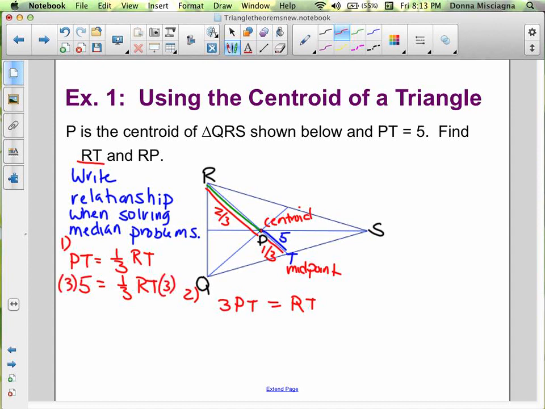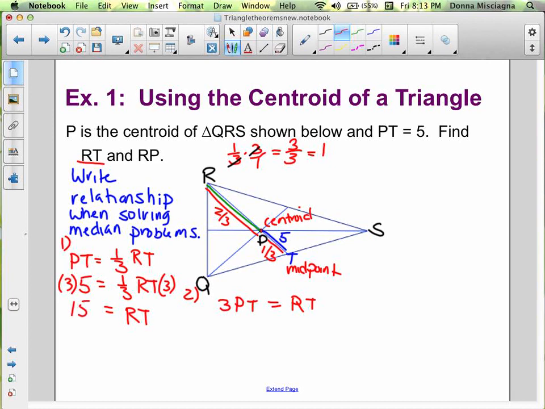And 1/3 times 3, you can multiply across: 1 times 3 is 3, and 3 times 1 is 3, which is 1. Or you could cancel out the 3's. Either way, it's 1. So that means RT is equal to 15. That's one way I can solve it.